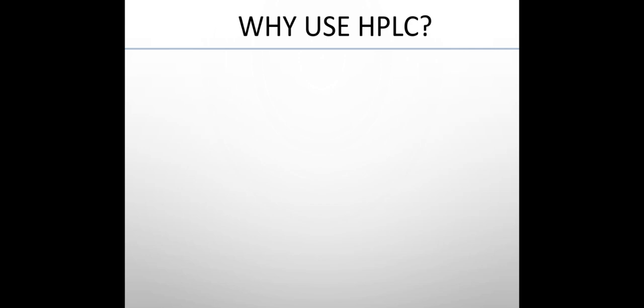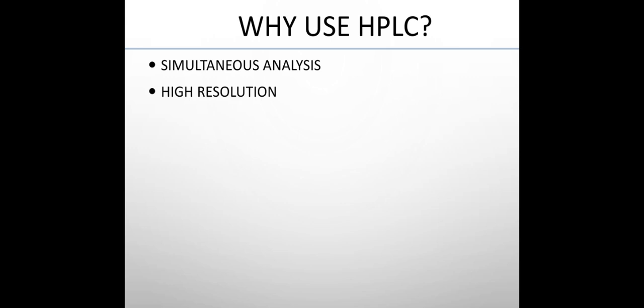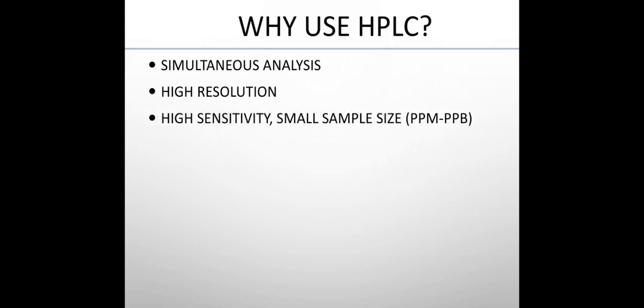So why do we use HPLC? What is the reason behind that? Because HPLC is used in simultaneous analysis. If you want to analyze a mixture, at that time HPLC is used. It has very high resolution, high sensitivity, small sample size.